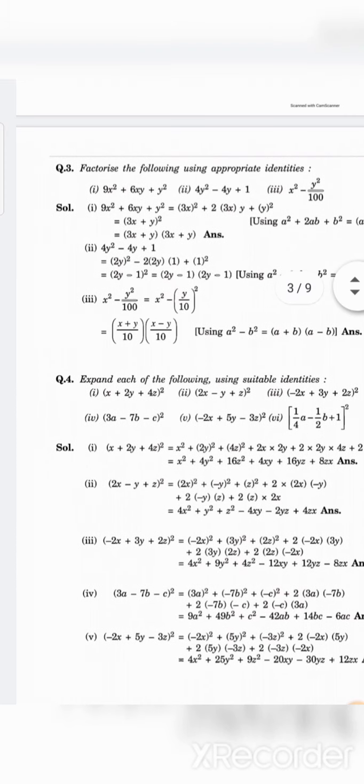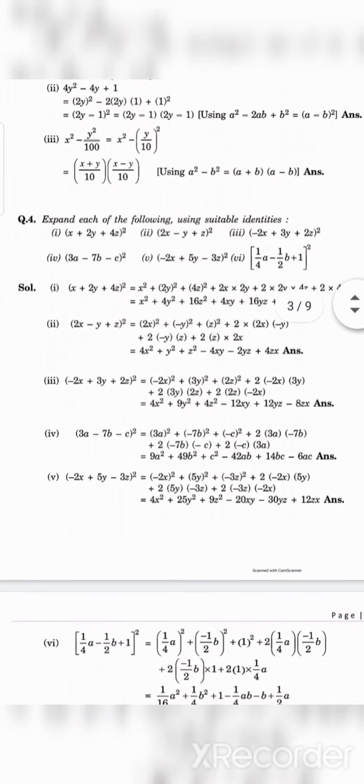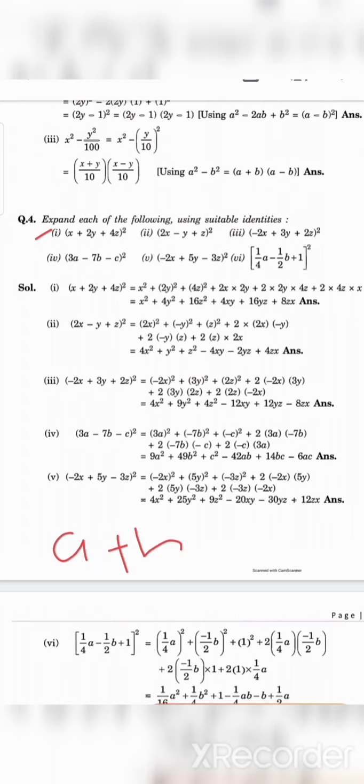So first, question number 1 of question 4, is (x plus 2y plus 4z) whole square. Here in the bracket there are 3 terms, so it looks like our identity number 5, (a plus b plus c) whole square, which we derived in our first earlier video: a square plus b square plus c square plus 2ab plus 2bc plus 2ca.